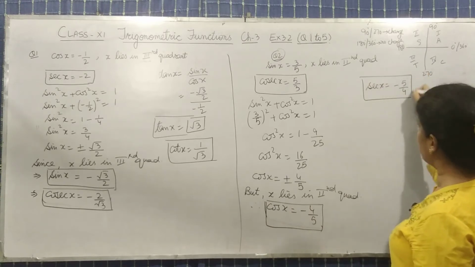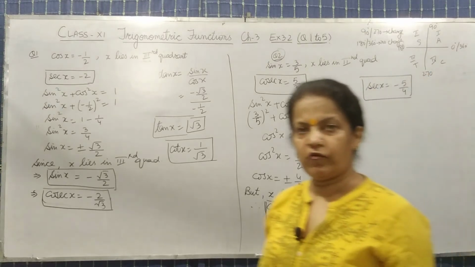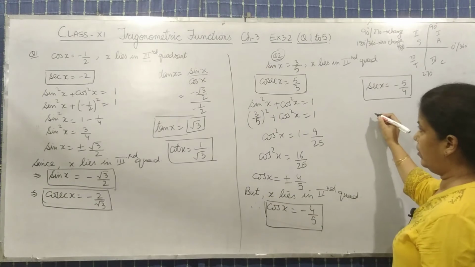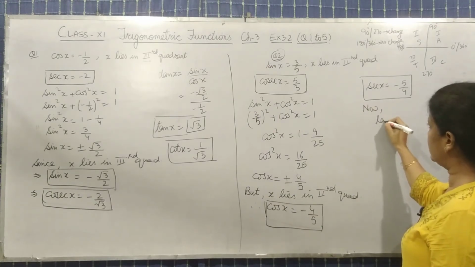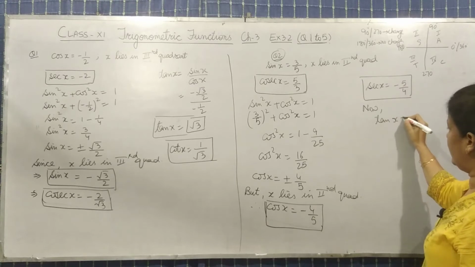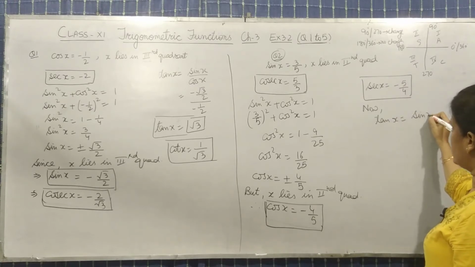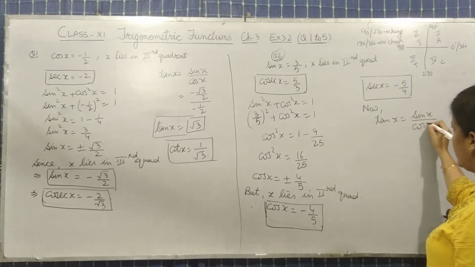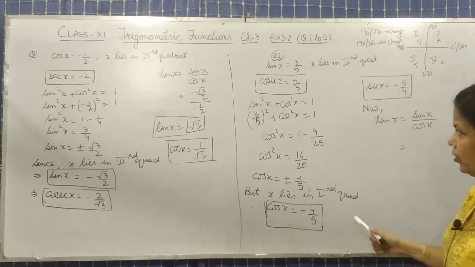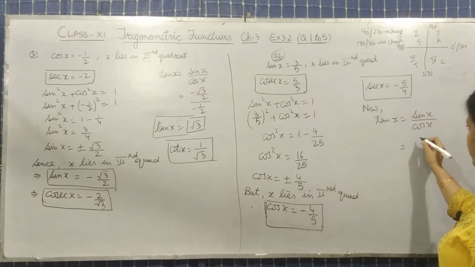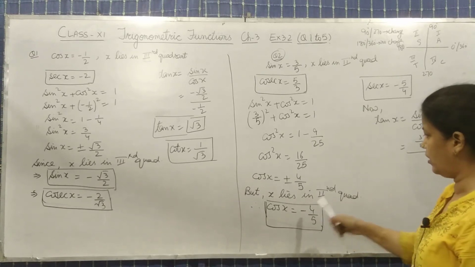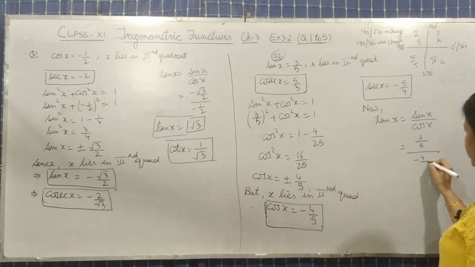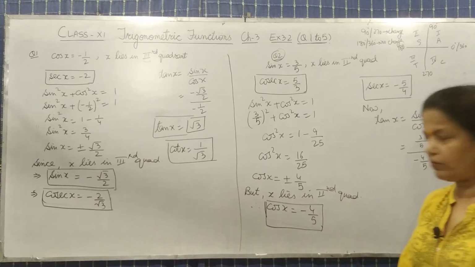Now the same procedure you have to take for tan x. Tan x equal sin x upon cos x. Now put the values. Sin x is 3 by 5 and cos x is minus 4 by 5.